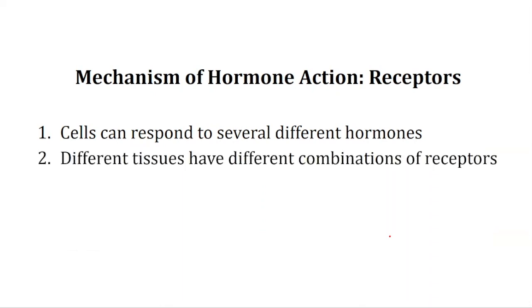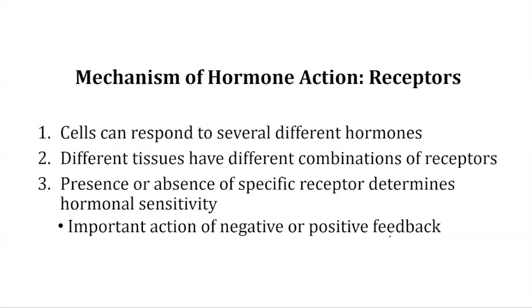Different tissues have different combinations of receptors, and the presence or absence of a specific receptor determines hormonal sensitivity: what hormones it's going to be sensitive towards, what hormones it's going to respond to.